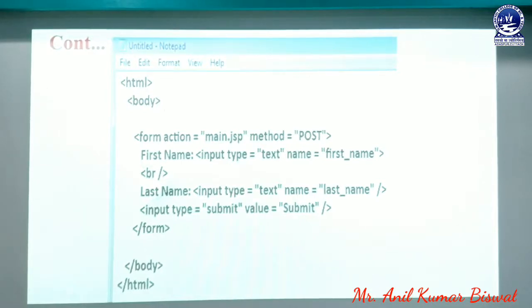Then we are writing a first name. In that first name we can have a text box, and for that text box we need to write a tag named the input tag. In that input tag we write an attribute, that is the type. With this type attribute we can specify the type of control we are using in our web browser, known as text.